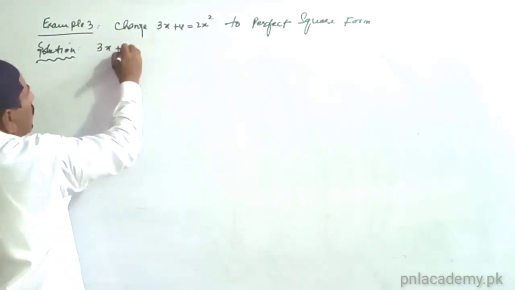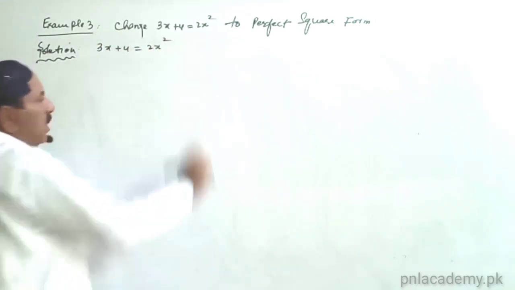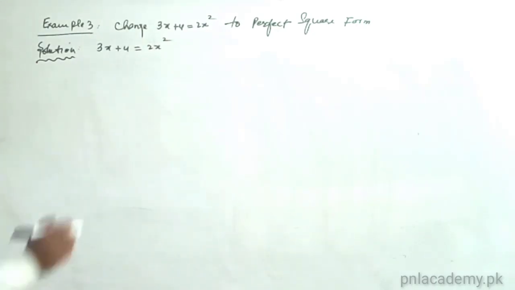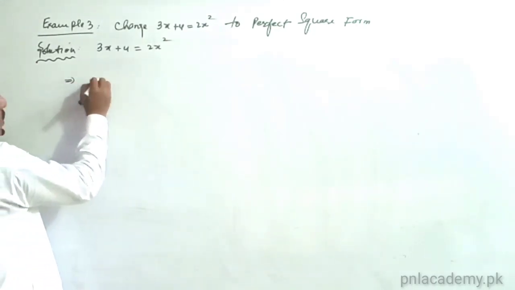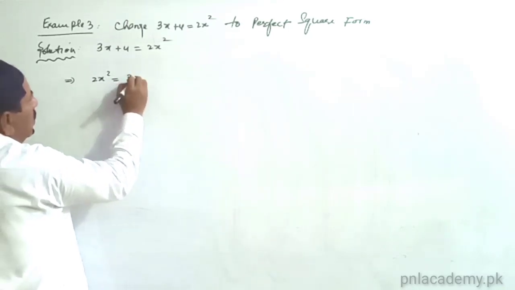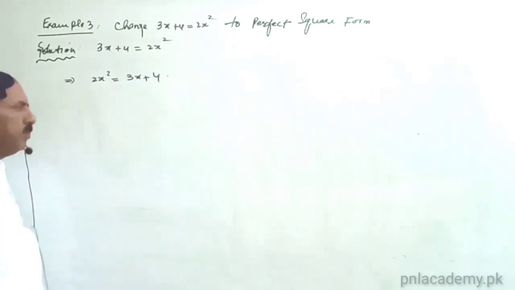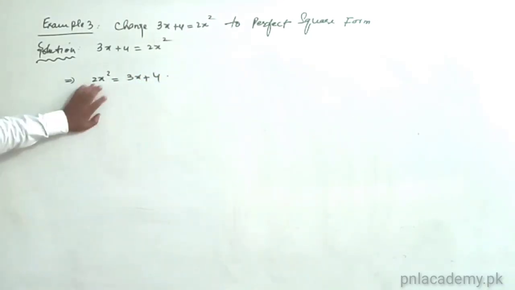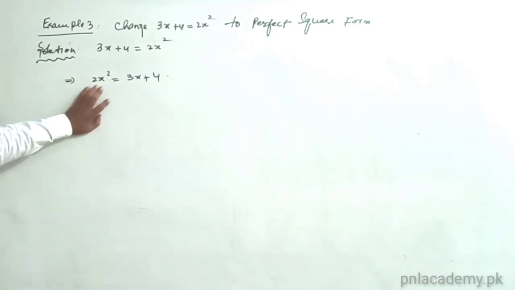3x plus 4 is equal to 2x square. It's a given. So we can write this equation as 2x square is equal to 3x plus 4. The highest degree term is 2x square.